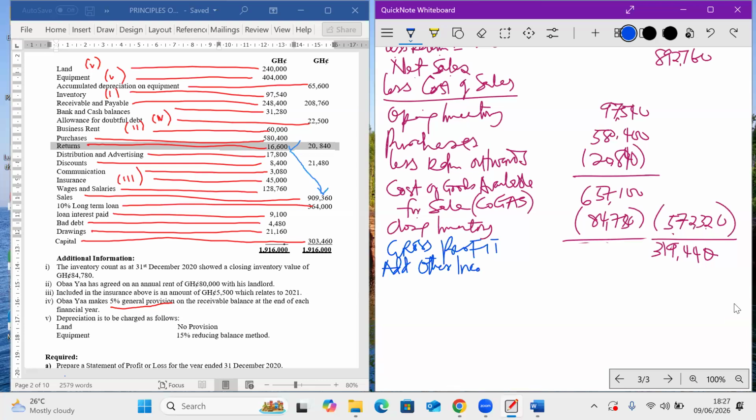Because gross profit and income are on the same side of the T account, the credit side. So if you are bringing more income to the side where profit is, you have to add. Do you remember that? Yes, sir.